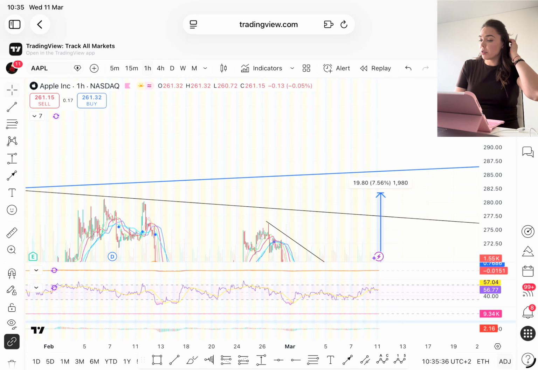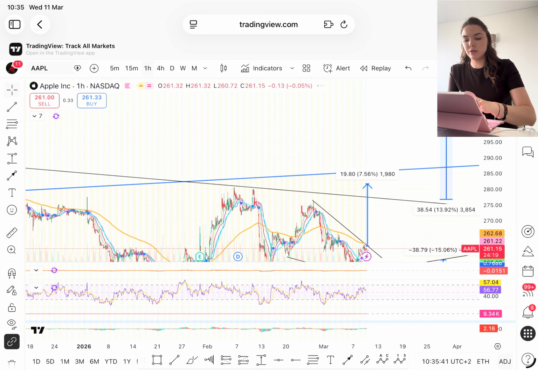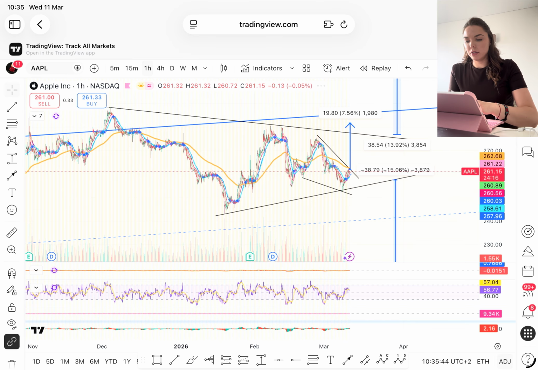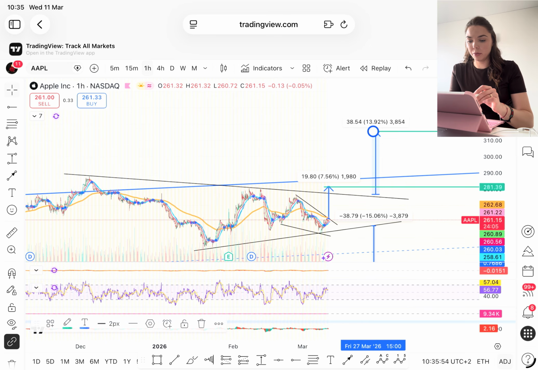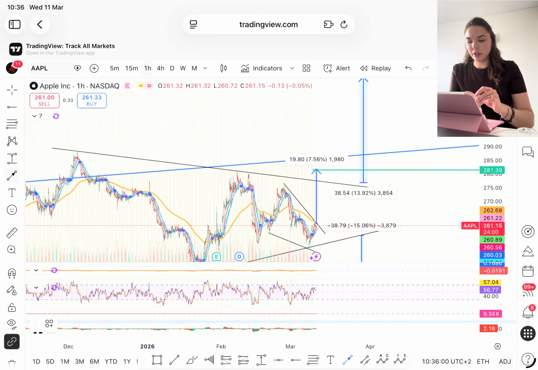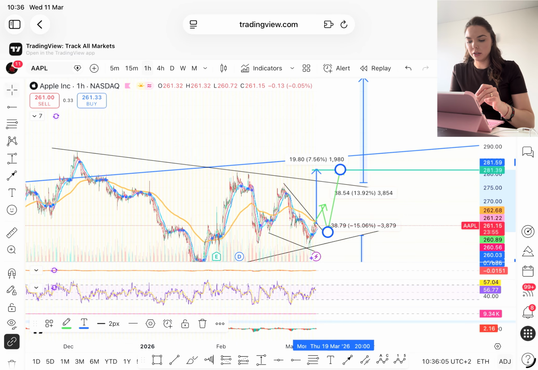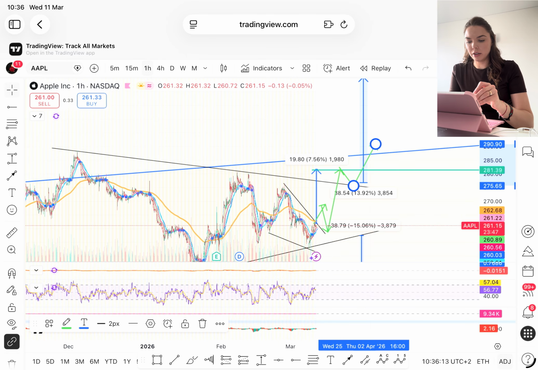Okay, usually I'm not doing the smallest time frames for any shares, but it seems like Apple will go up and then maybe it will go up again, but again, I'm not sure. So the scenario could be that we go up here, then down here, then up again, down for testing this triangle, and then go up.